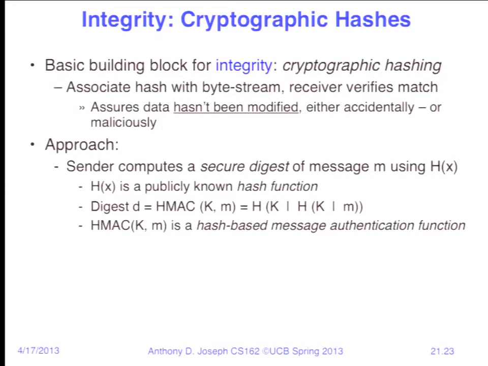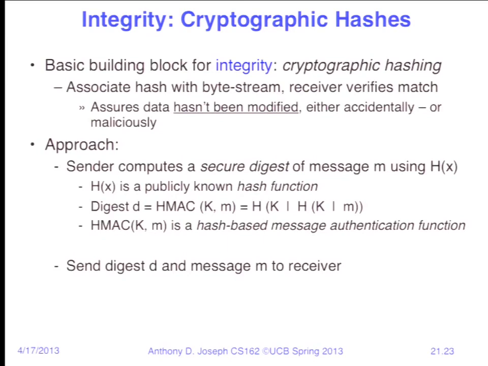They take that hash value and they prepend the key onto the hash, and they hash that. That gives us a hash-based message authentication function. Right? Now, why do we need to include the key? This is basically because without it, you could do substitution attacks against the hash function, and we want to protect against that. So that's why we include the key.